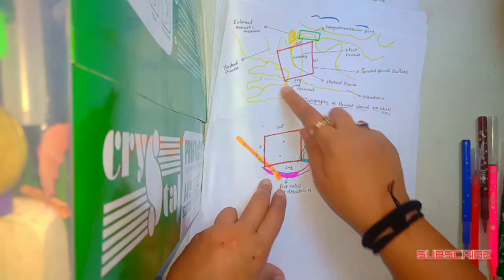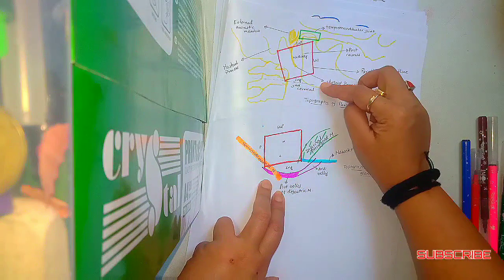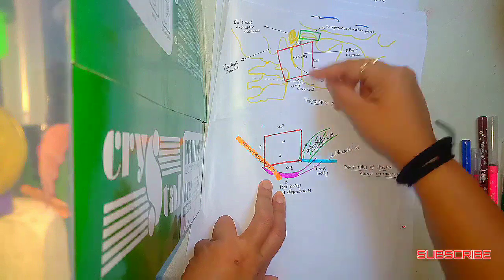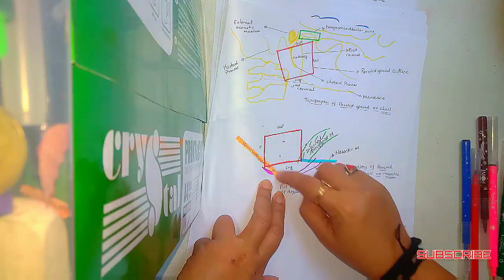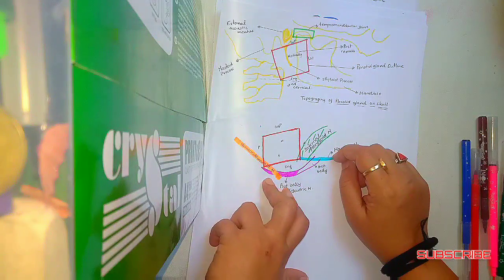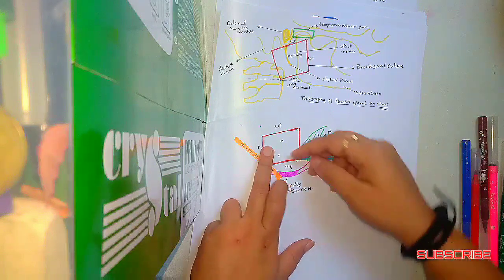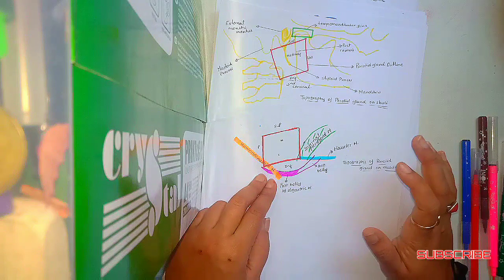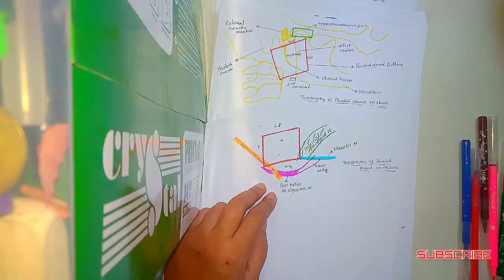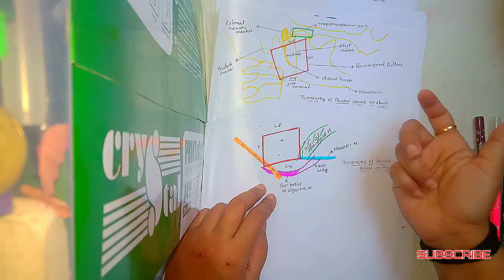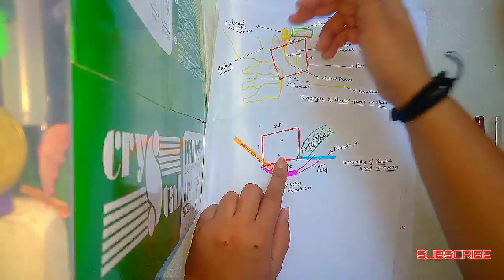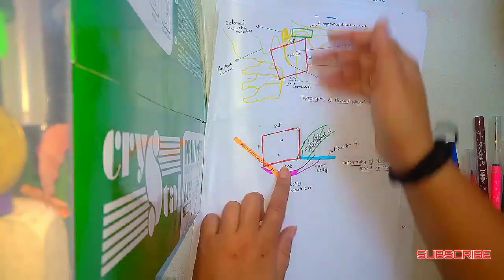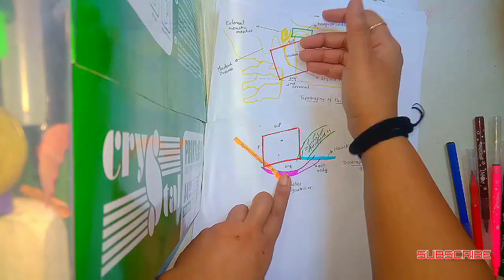Inferiorly we can see the posterior digastric muscle and a small part of the sternocleidomastoid muscle, as you can see here. Laterally we can see the deep cervical fascia and platysma muscle. Medially we have the styloid process and pharyngeal wall, because the pharynx will be here.